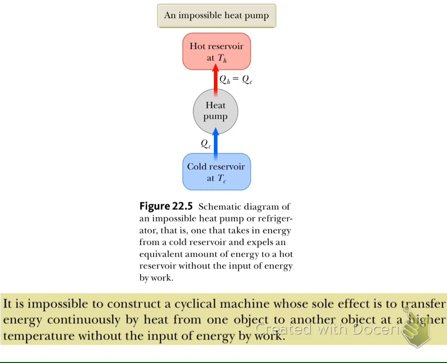So we have the second statement of the second law of thermodynamics. From the experience of engineers, we found that it is impossible to construct a cyclical machine whose sole effect is to transfer energy continuously by heat from one object to another object at a higher temperature without the input of energy by work.